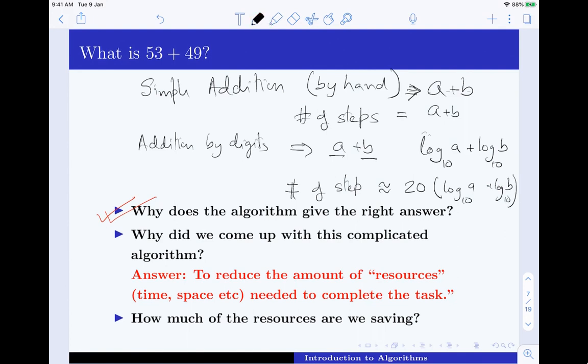Now which is better? Is this a smaller number or is this a bigger number? So this starts the whole process of coming up with algorithms that reduce the amount of resources.